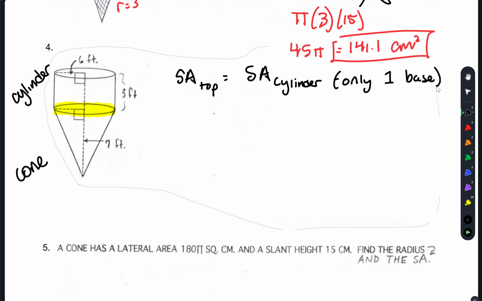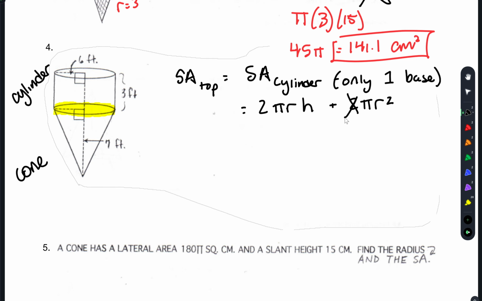If I look on my notes or over there on the board, number 12, that's my cylinder formula. It is 2 pi r times h plus 2 pi r squared. If I only want one base, though, I'm not going to multiply it by 2, because I only want one of those circles.